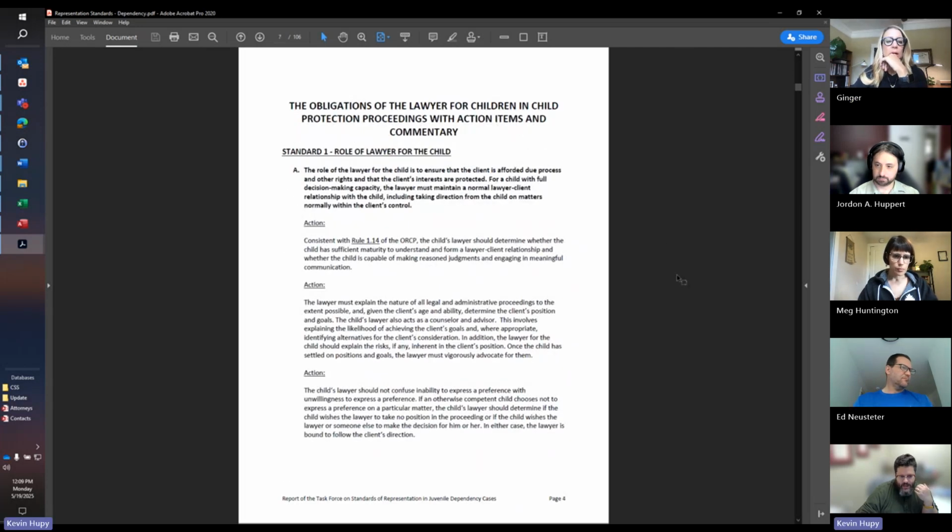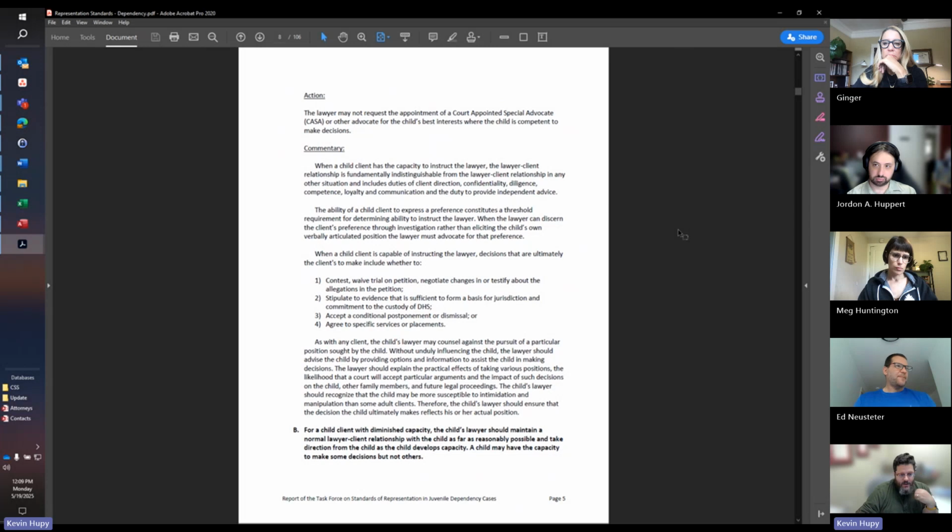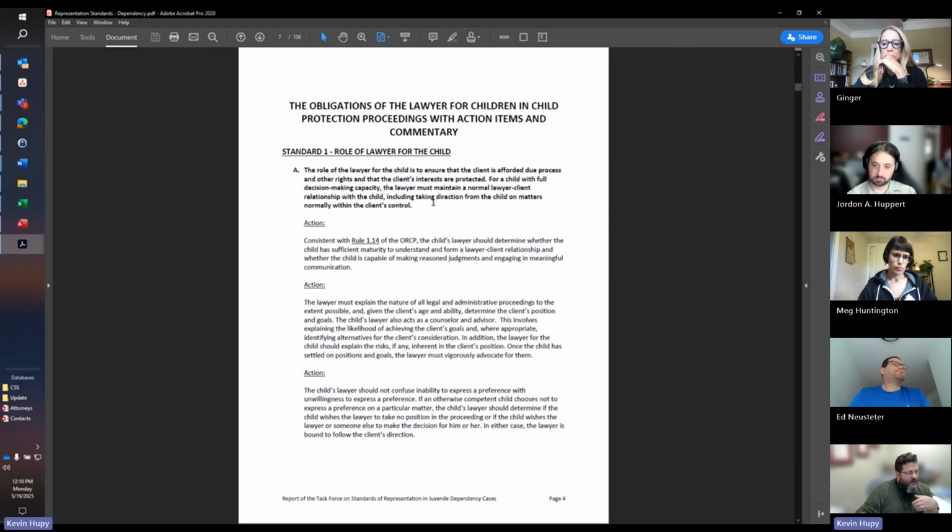So this would be a typical performance standard. The first standard is just how you relate to your client. Gotcha. And it breaks out between representing a child and representing a parent, because there are a lot of differences there. And then it lists out specific actions under each. And there are multiple facets. So like you're protecting your client's due process and other rights. If they are capable of decision making, you defer to them.